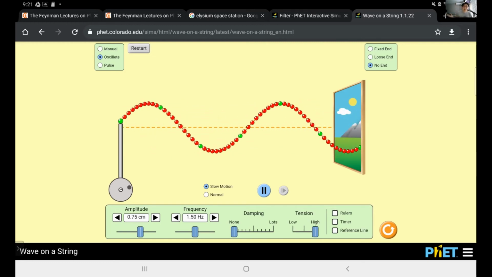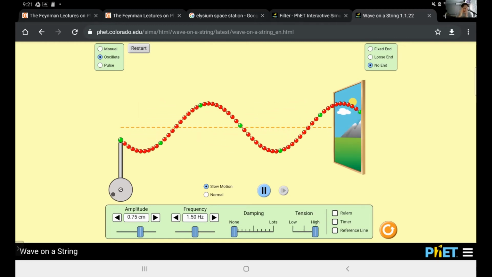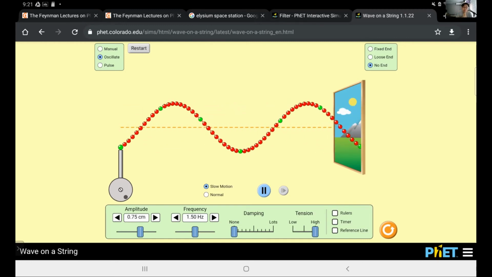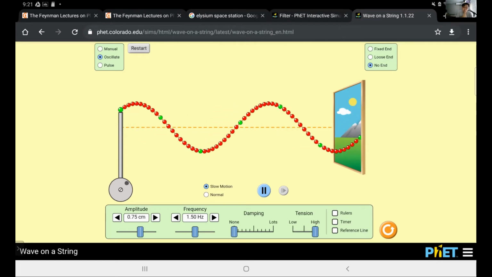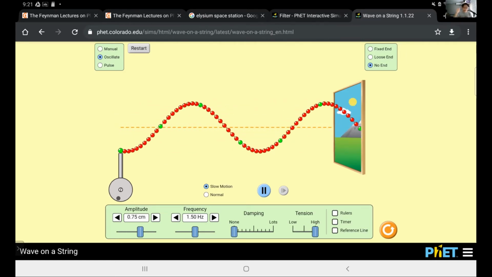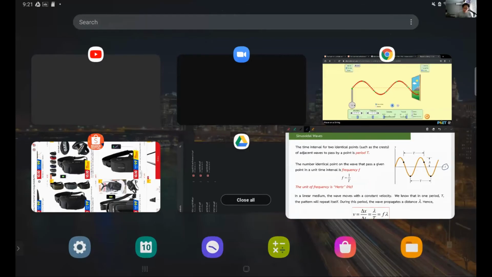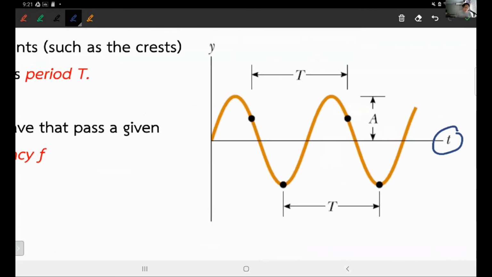All right, you can pick any x you like. You can pick x equal to 0.5 meter, 1 meter. That means you're staring at that spot, and that element on that string will still be moving in time. Okay, guys?